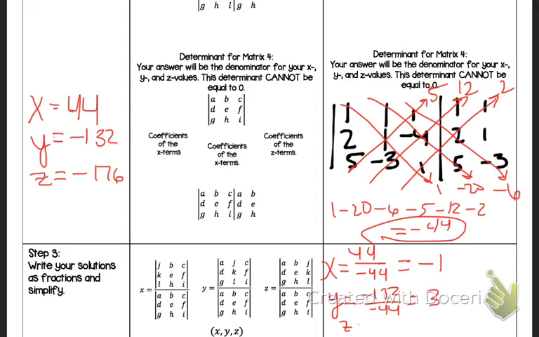And then z was negative 176 divided by negative 44, which will be a positive 4. So our ordered pair here, or our ordered triple, I guess in this case, would be negative 1, 3, and 4. Okay, and that is how we can use Cramer's rule to solve equations in 2 or 3 variables.